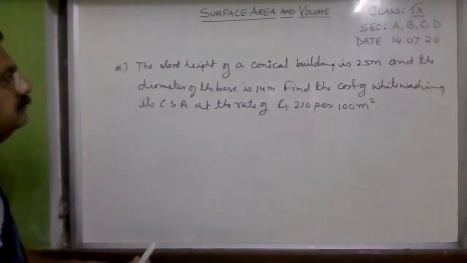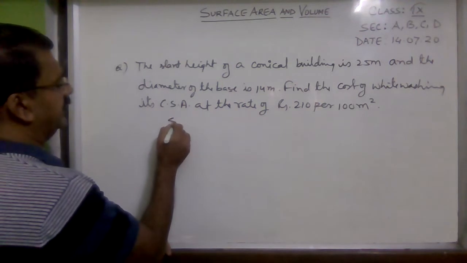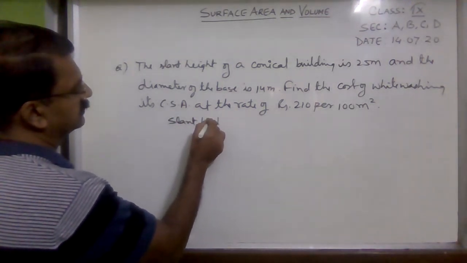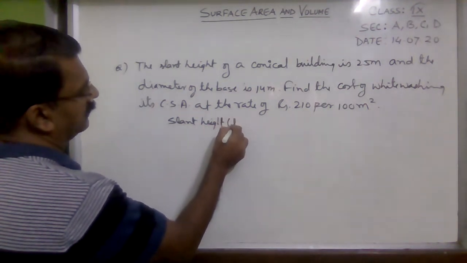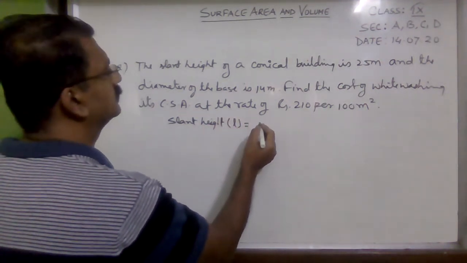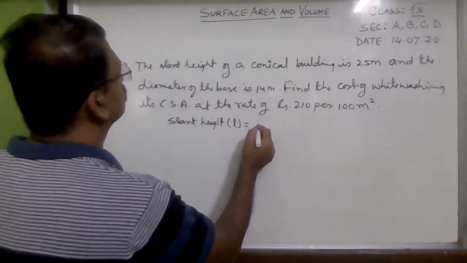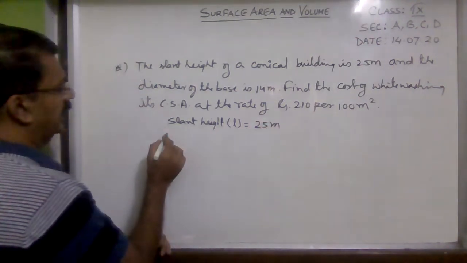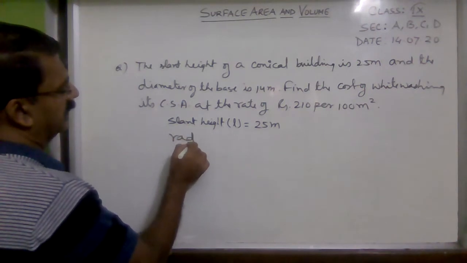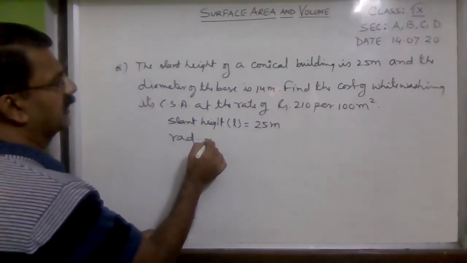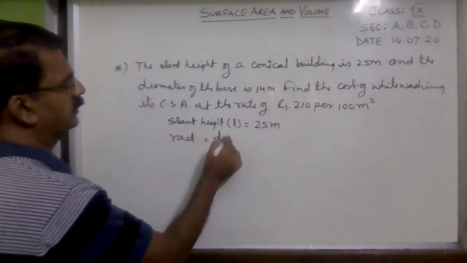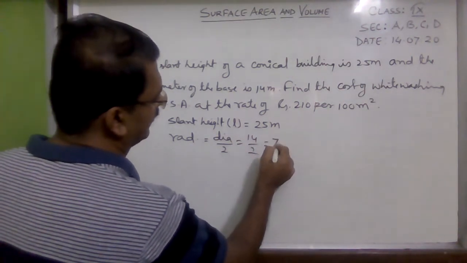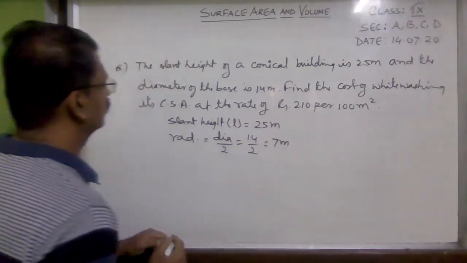Now, slant height is given 25 meter and radius will be diameter upon 2, that is 14 upon 2, 7 meter is the radius.